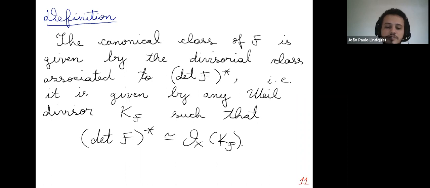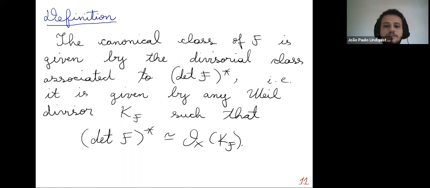In birational geometry, to each variety we can associate its canonical bundle, and this canonical bundle tells a lot of geometrical information on the variety. For instance, if the variety has negative canonical bundle, then the variety is Fano, and if it is Fano, then it's rationally connected. That is one example I can give.